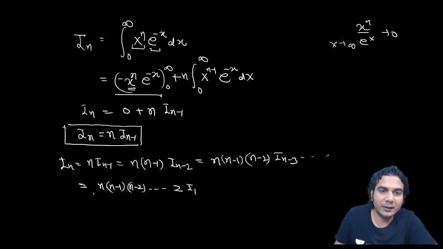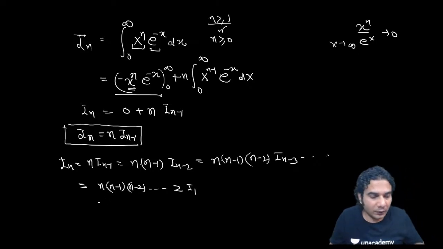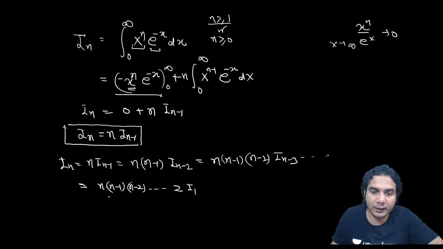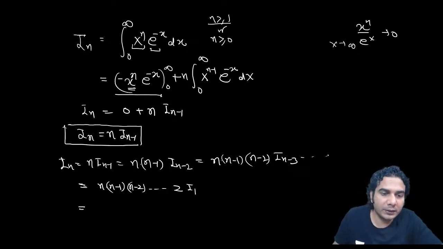So I1 or maybe I naught you can take. Okay, so let's take I1, and then we can check I naught also. That depends on whether the question gives you n greater than or equal to 0 or n greater than or equal to 1. Like n is given greater than or equal to 1, so that means you need to stop at I1. So I'm stopping at I1. It is n factorial into I1.